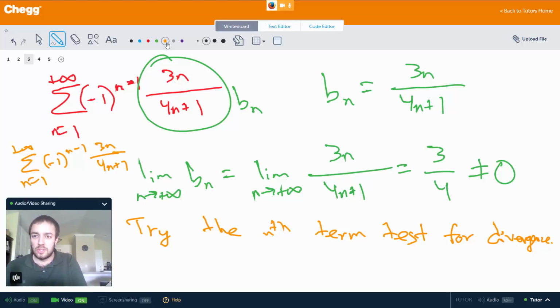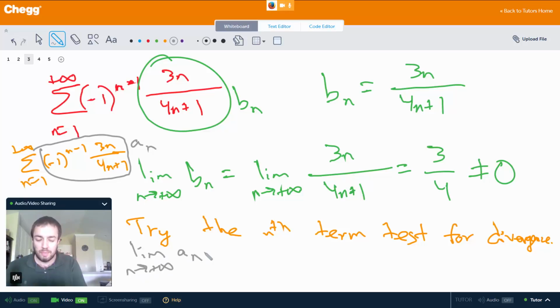What we want to do is consider this entire term, and we'll call that a sub n. And we want to look at the limit as n goes to plus infinity of a sub n. Now, the nth term test for divergence says if this limit is not 0, then the series diverges, okay? So let's investigate that limit.